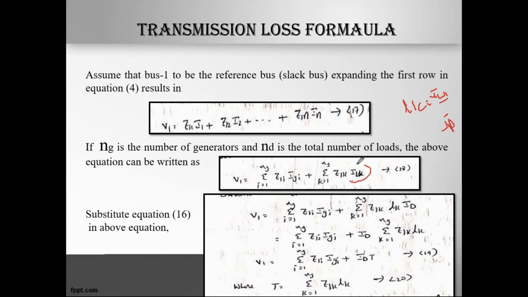If you substitute I_LK here, then you will get V1 is equal to summation, with the entire term coming as I_LK plus L_K into I_D. Okay? Now if we expand this, the final equation is this one. Here T is equal to the summation of K equals 1 to Ng of Z1K and L_K. Here that T is called the load loss equation.